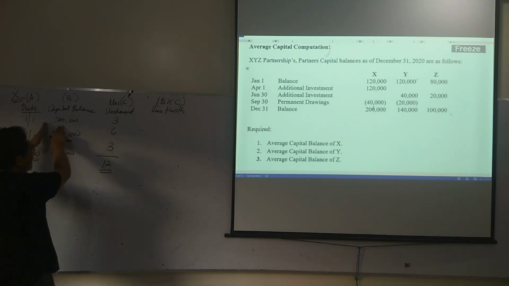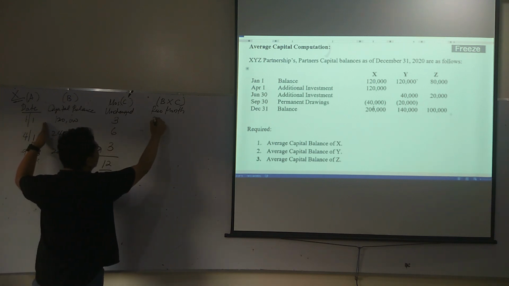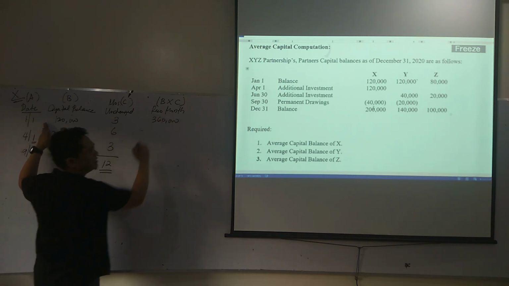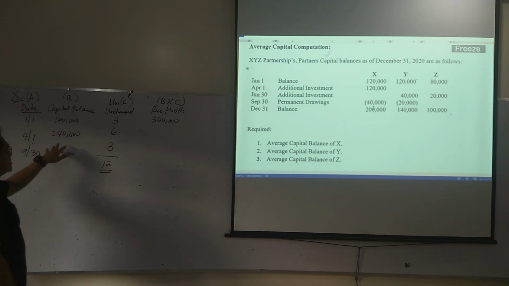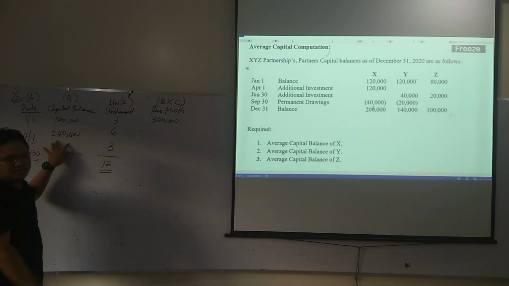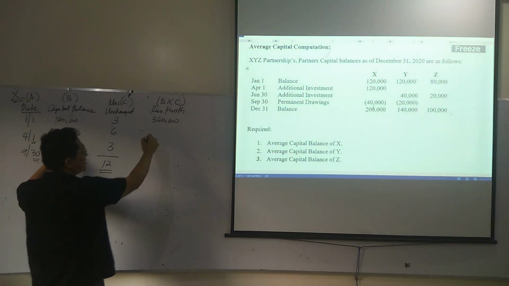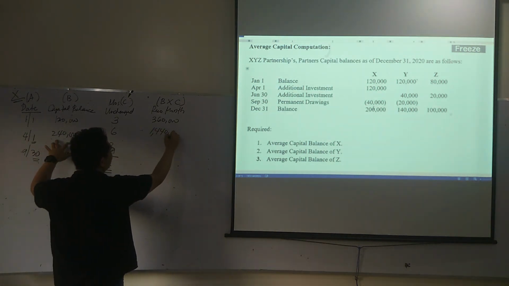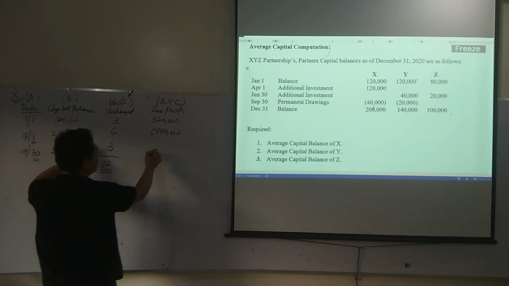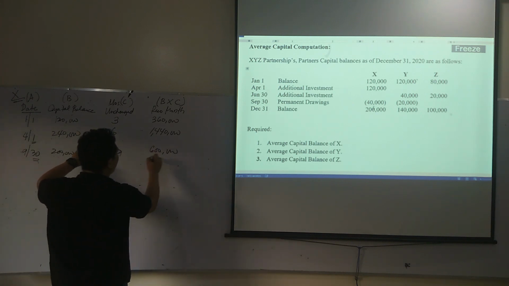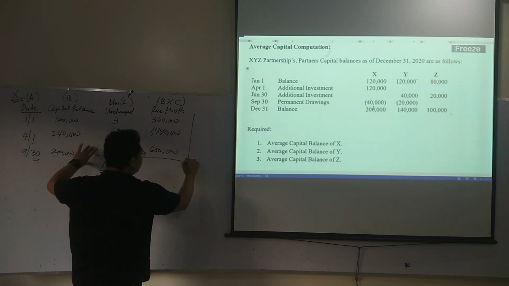So 120,000 times 3 is 360,000. Likewise, 240 times 6, you have 1,440,000. Then 200 times 3, 600,000. Add up.